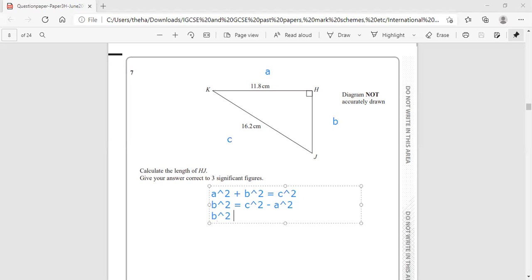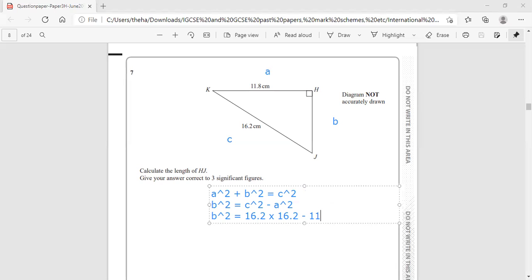So we're going to have b squared equals c squared, so we're going to do 16.2, and then we'll just multiply it by itself. Okay, then what we need to do is minus from that 11.8 times 11.8.